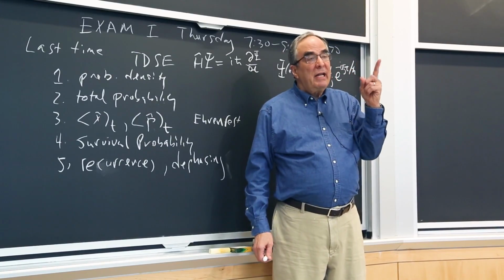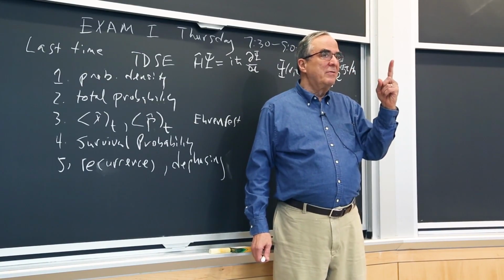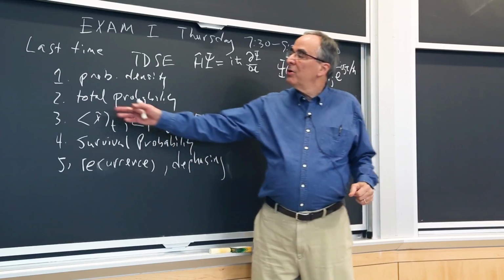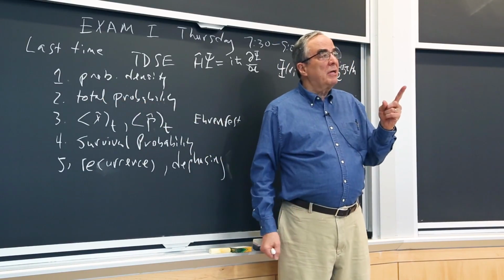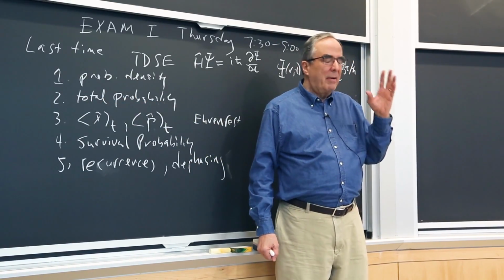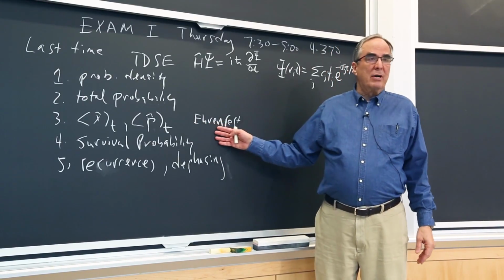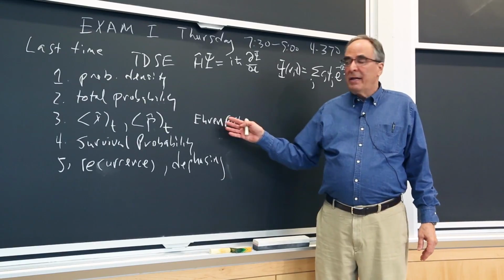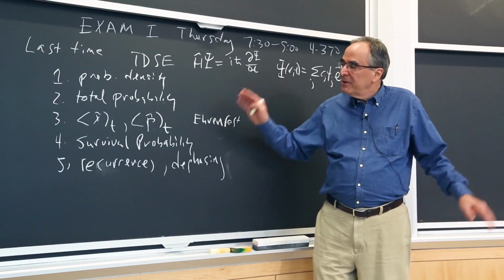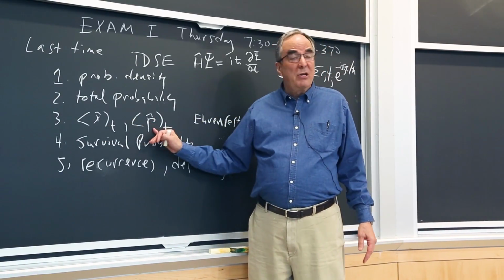A wave packet is anything that's not just a single eigenstate, so it moves. The motion of a wave packet is described by Newton's laws. This is Ehrenfest's theorem. It can easily be proven, but we're not going to prove it, we're just going to use it.